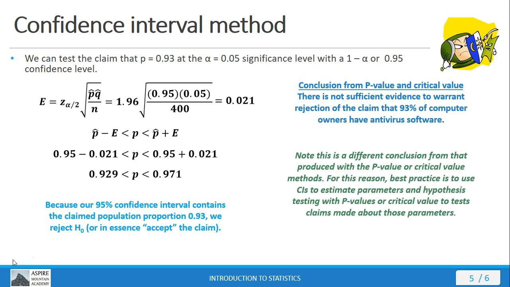And this is why we're not going to use confidence intervals when we're testing claims about proportions, because more often than not, you get something different from the confidence interval than you get from the more formal methods of hypothesis testing. So we're going to use hypothesis tests and that formal method to test the claim about a population proportion, but to get the actual value out, we're going to be using a confidence interval to estimate that.